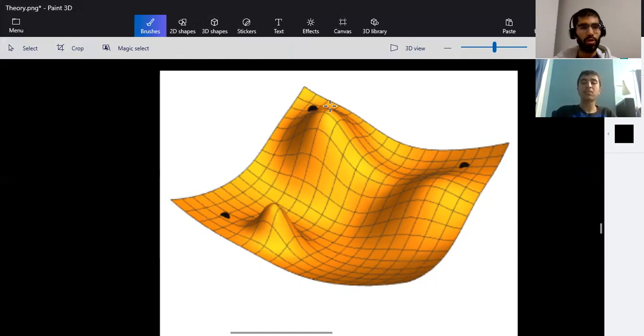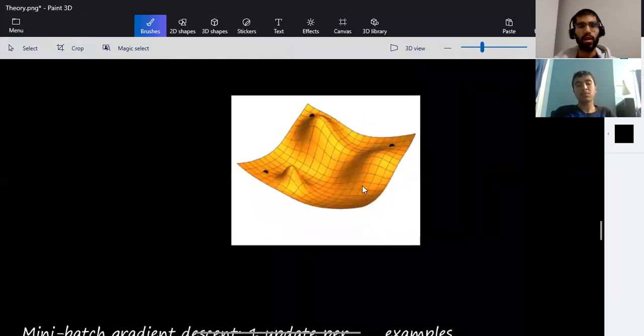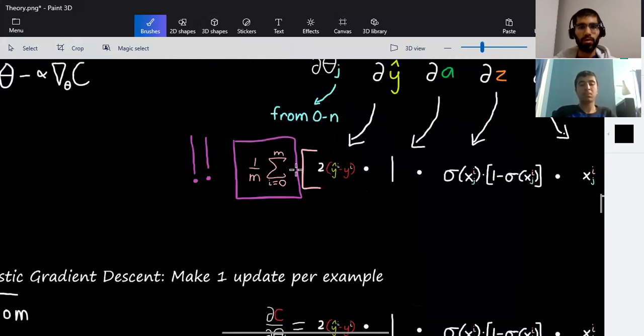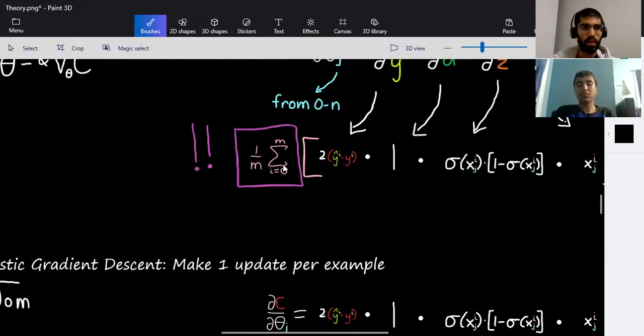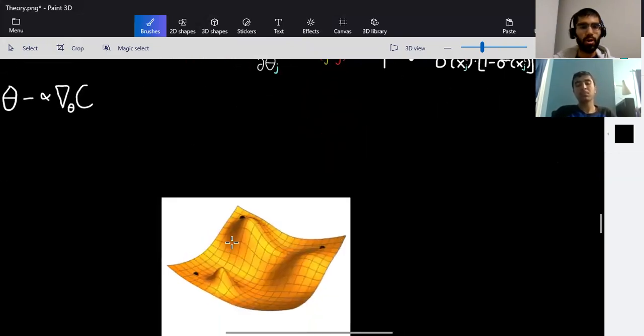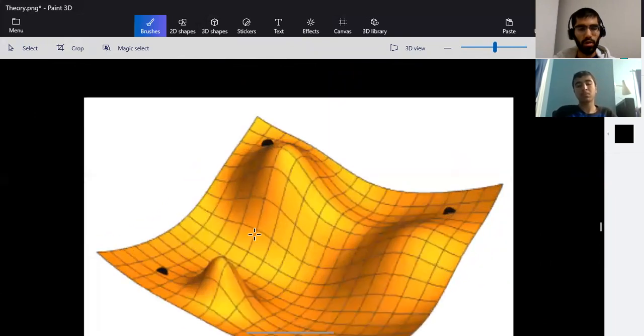However, I'll show you what batch gradient descent would do. Because it's averaging over a bunch of examples, it's going to have a more accurate picture of how to update the parameters so that overall we're doing better. So in general, it's going to go towards the direction of steepest descent.